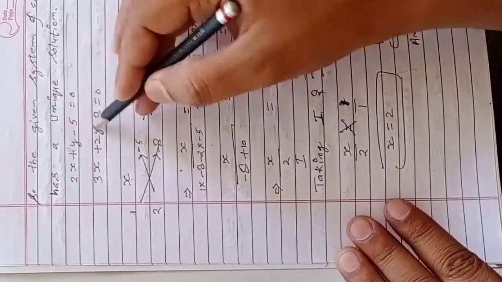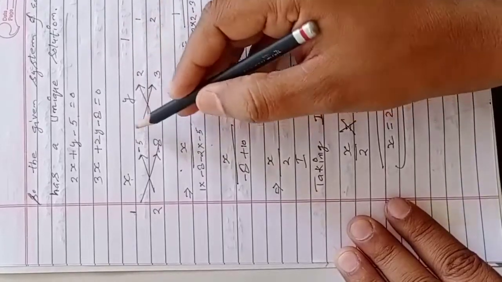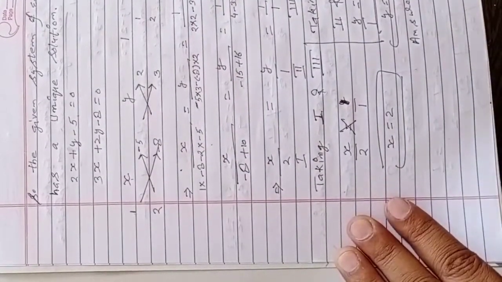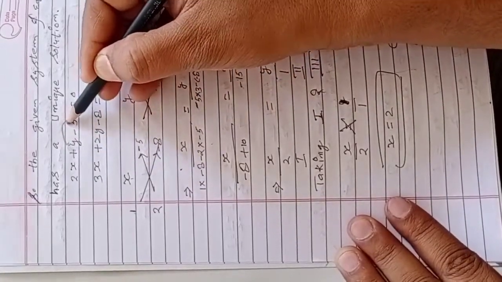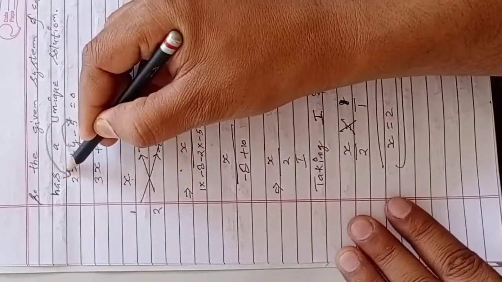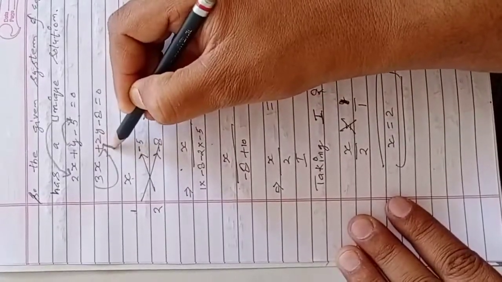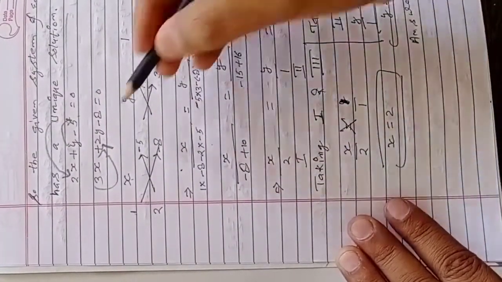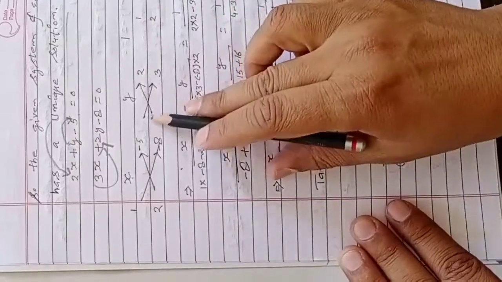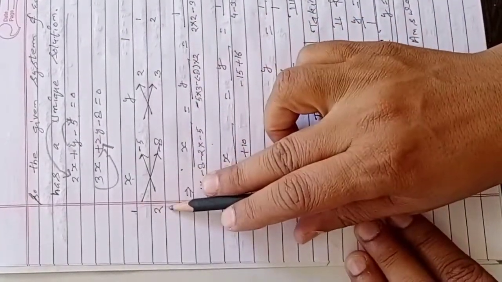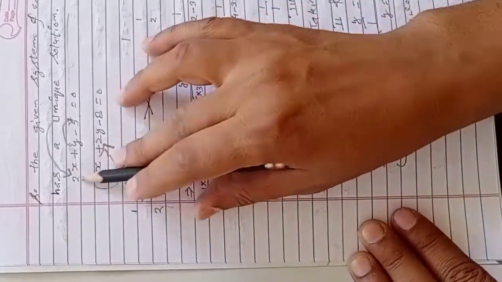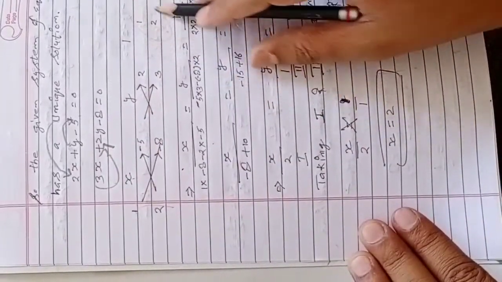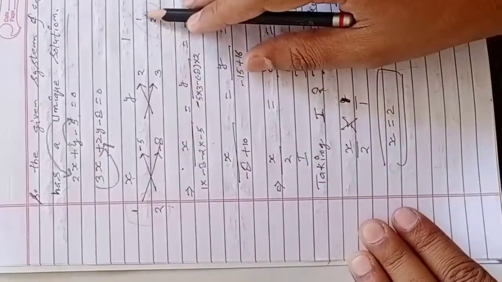Then minus 5 and minus 8, then 2 and 3, and again we finish on b1 and b2, that is 1 and 2. From where we start, we finish there.